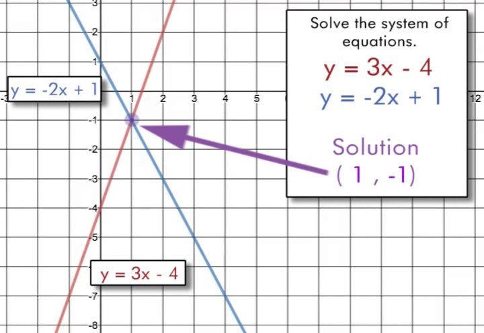So in this case, the point (1, -1). And I can verify by substituting those into my two expressions that that is the ordered pair that will make both of those true. So in essence, when I'm solving a system of equations, I want to graph the two of them and find the place where they intersect.